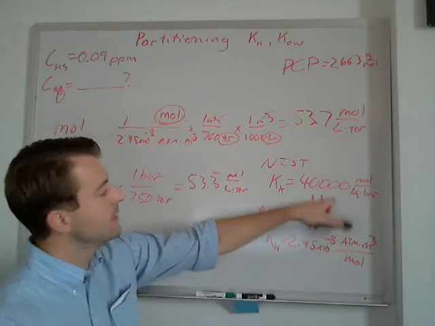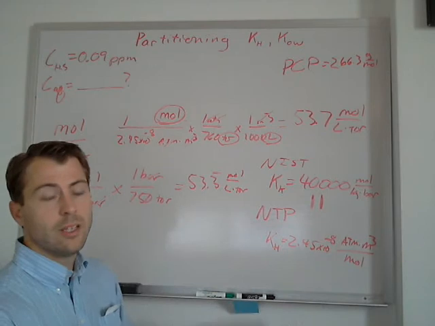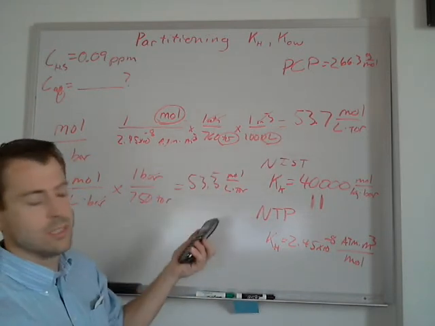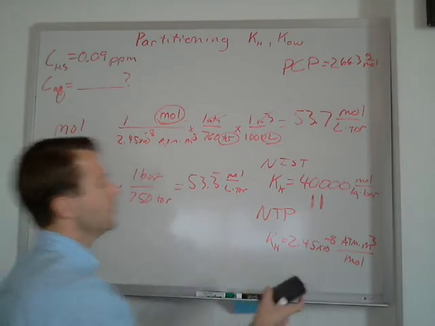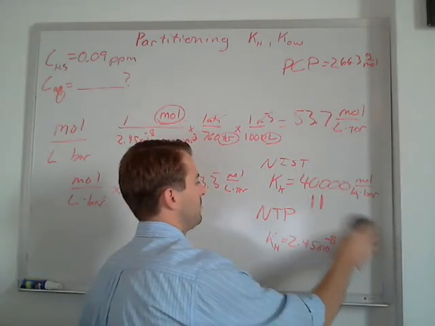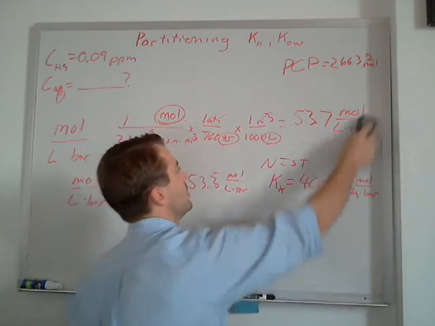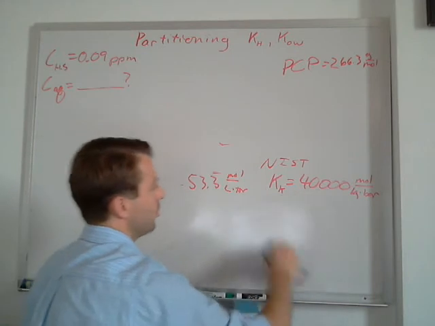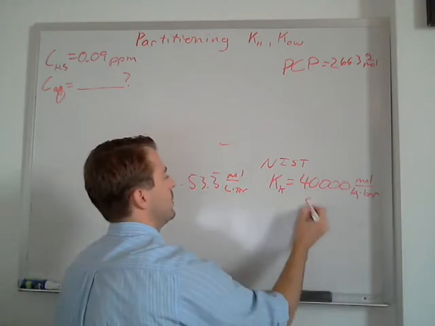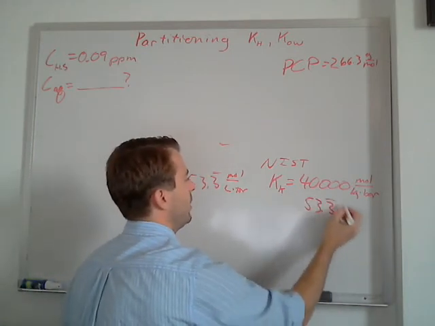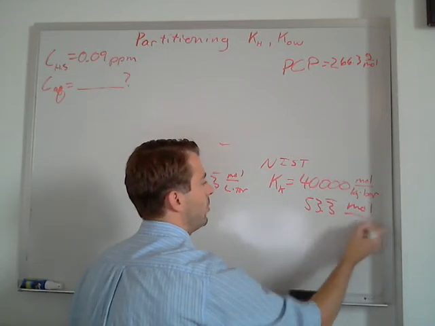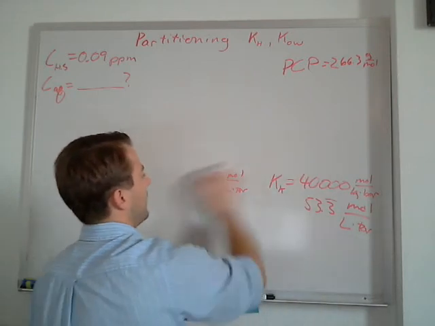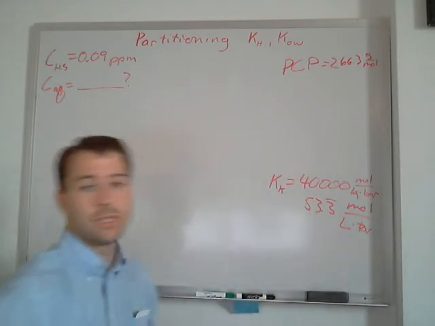So I'm guessing that the 10 to the minus 8 one is not the correct one, but the 53.7, 53.3 is correct. So I'm going to go with the NIST on this one of 40,000 moles per kilogram bar, which is also the same thing as 53.3 moles per liter torr.